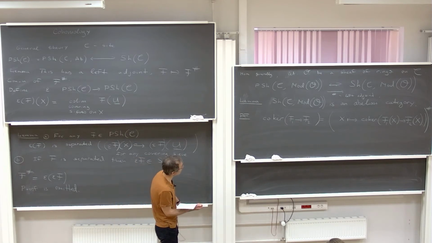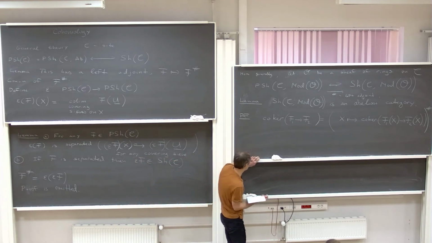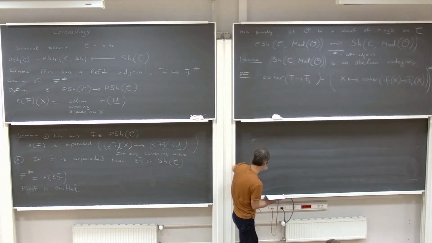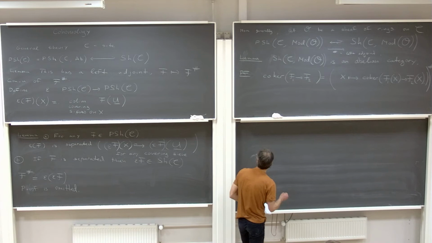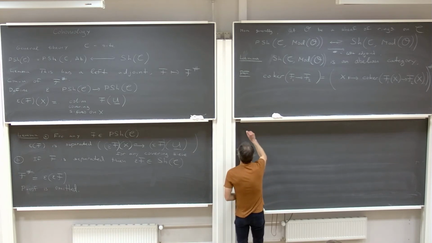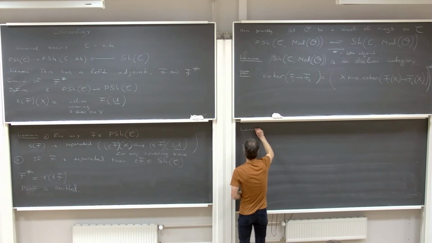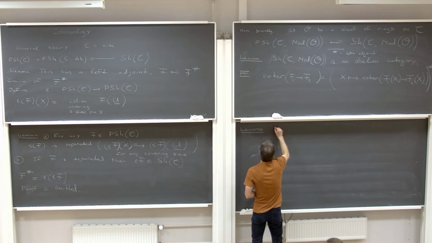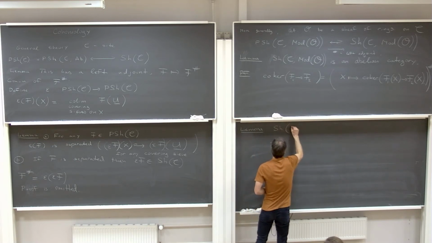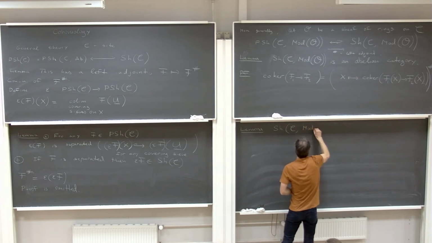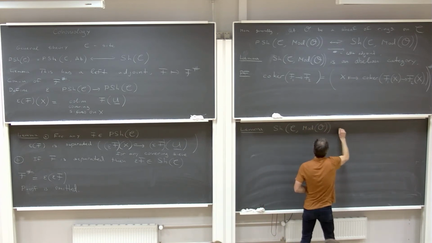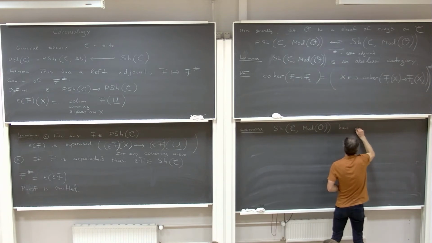Now, that's not enough for constructing a homology theory. As I said, we have to know that this category has sufficiently many injective objects. Lemma: sheaves on any site and any ring site has enough injectives.